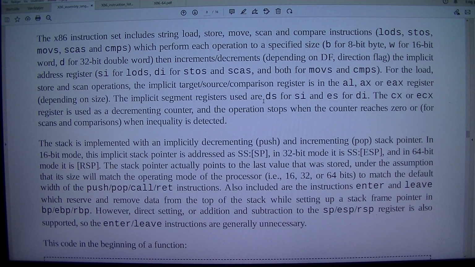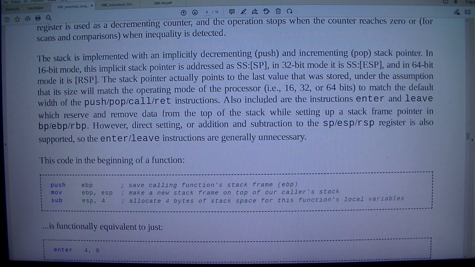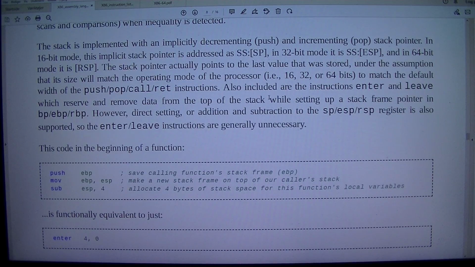The stack is implemented with an implicitly decrementing, push, and incrementing, pop, stack pointer. In 16-bit mode, this implicit stack pointer is addressed as SS:SP, in 32-bit mode it is SS:ESP, and in 64-bit mode it is RSP.